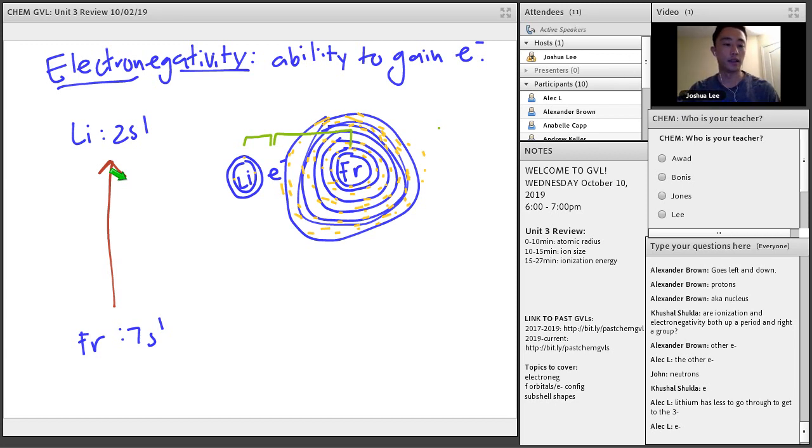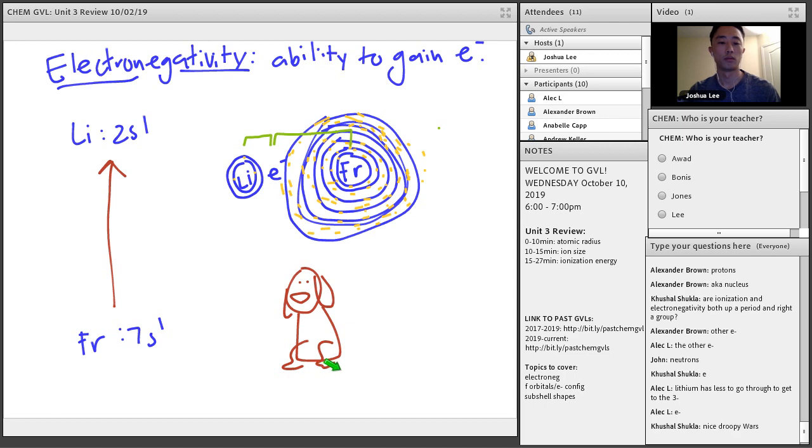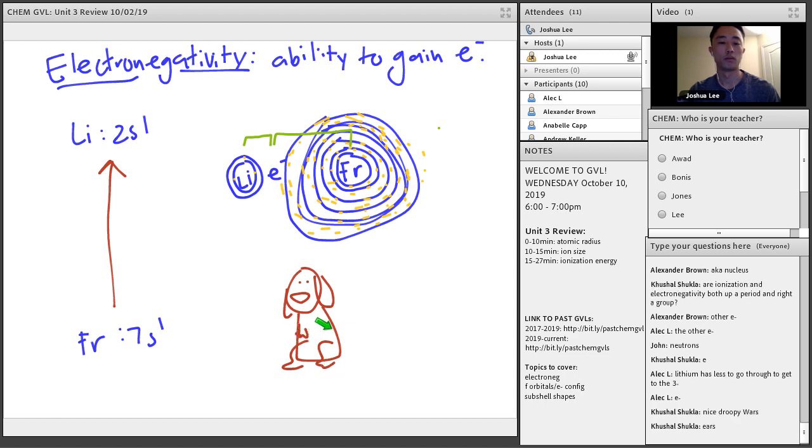All right, so the story with this one is you have a dog standing on its hind legs. And then you have one person right here, and it has a fancy chicken flavored proton.